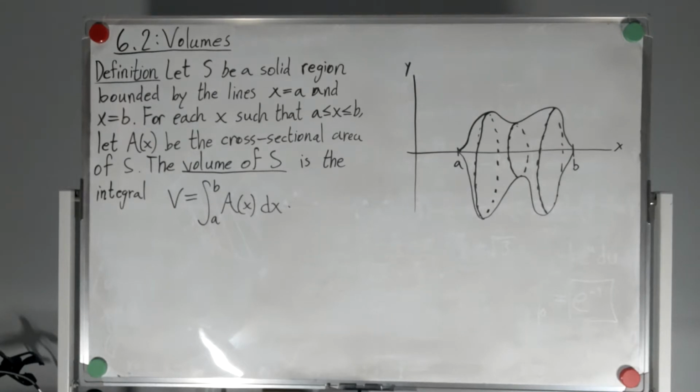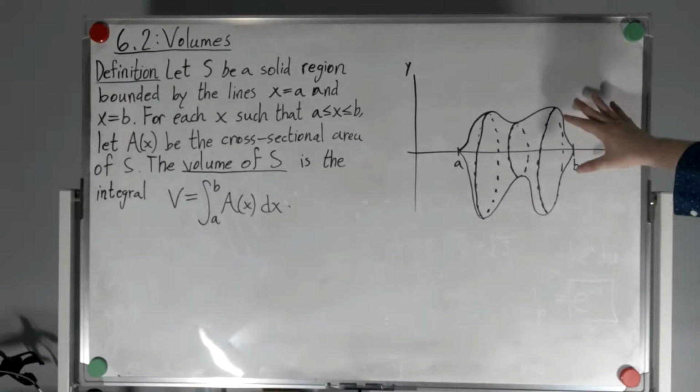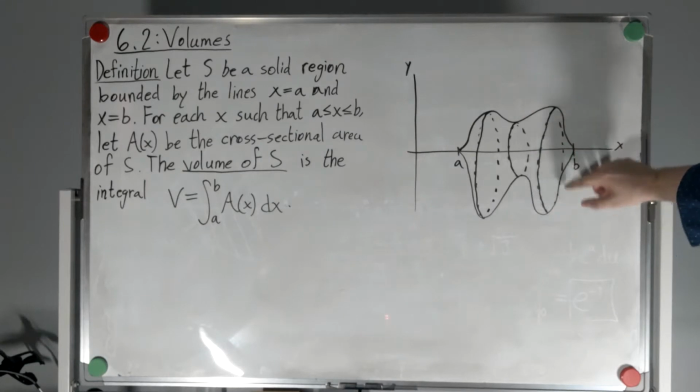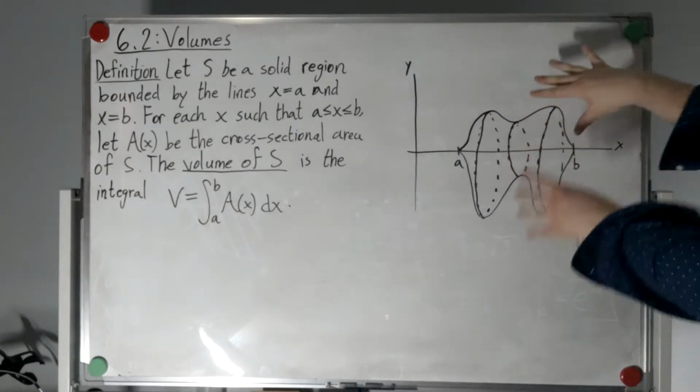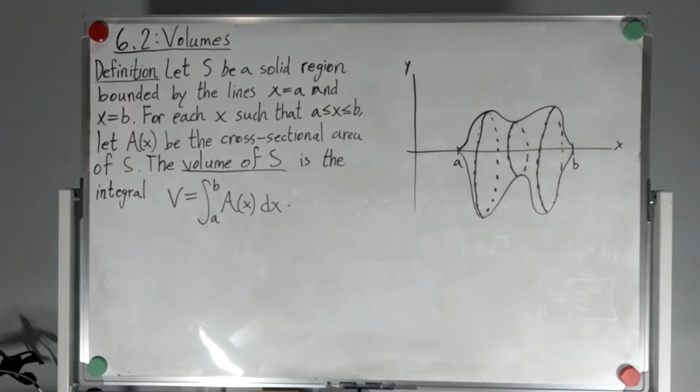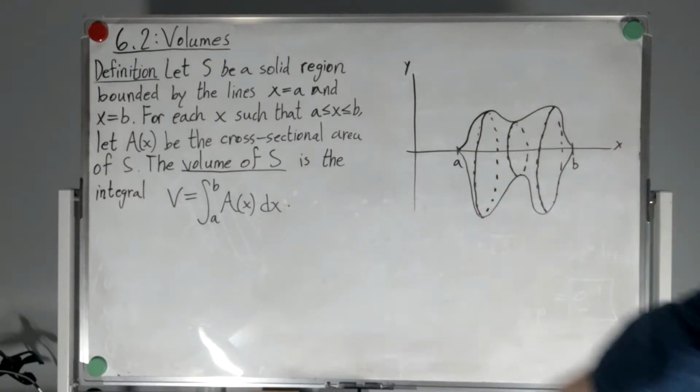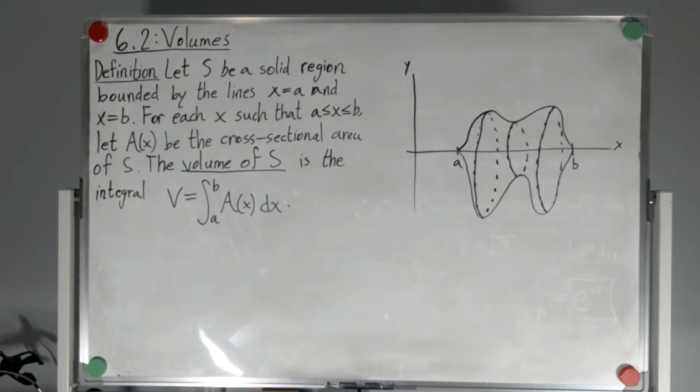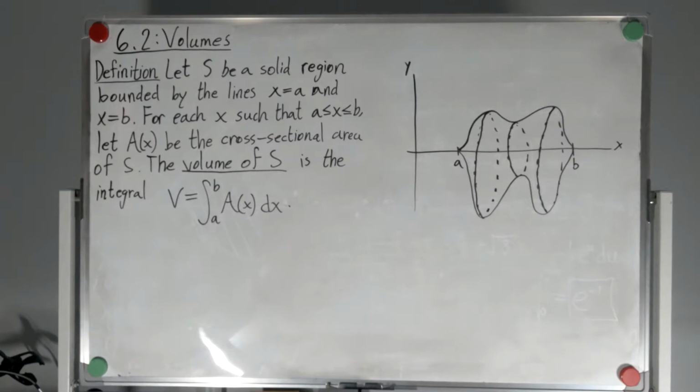All right, so the area of these curves, they're perpendicular to the x-axis. The area is given by A of x, so it's going to depend on what the x value is. I'm saying the volume is just going to be the integral of all those cross-sectional areas.